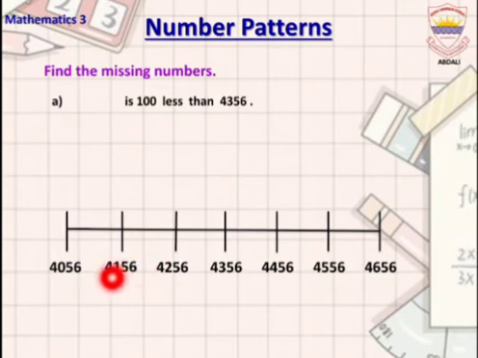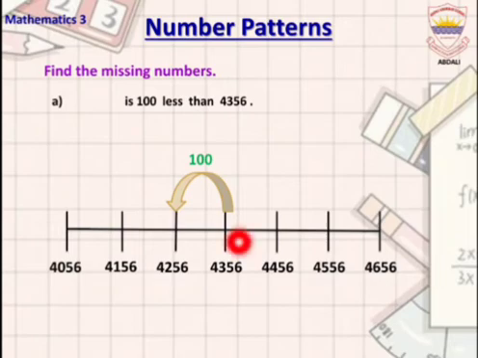After that, 4156. Next number is 4256. Our next number is 4356. After that, 4456. Next, 4556, and the last number is 4656.